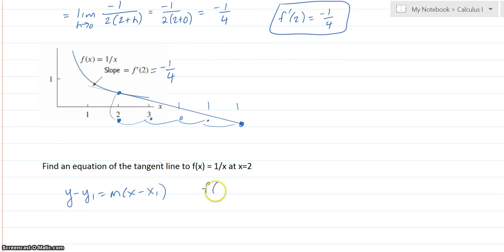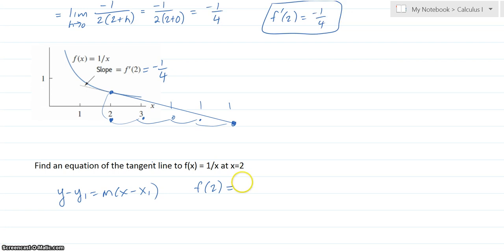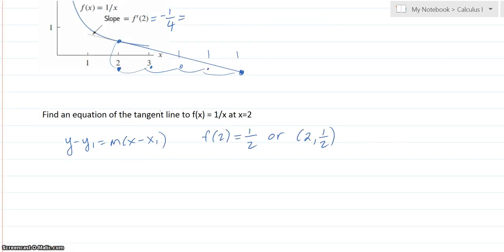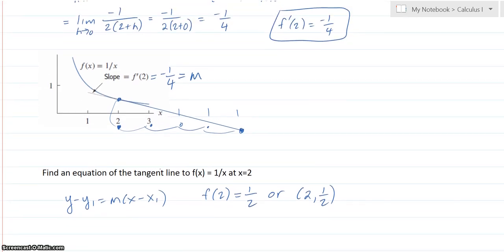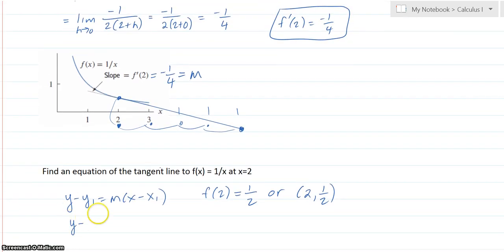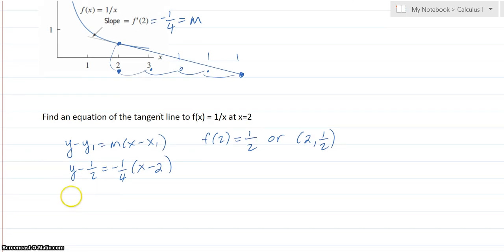You know your point, x1, y1, is 2, 1/2, since you have the function there, and you know your slope is negative 1/4 that you found up here. So now if you just plug that in, you get y minus y1, which is 1/2, equals your slope, negative 1/4, times x minus 2. There it is.